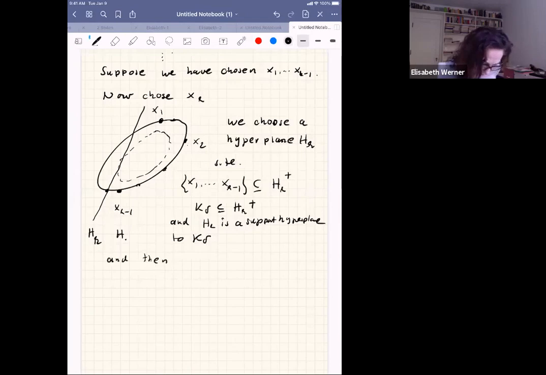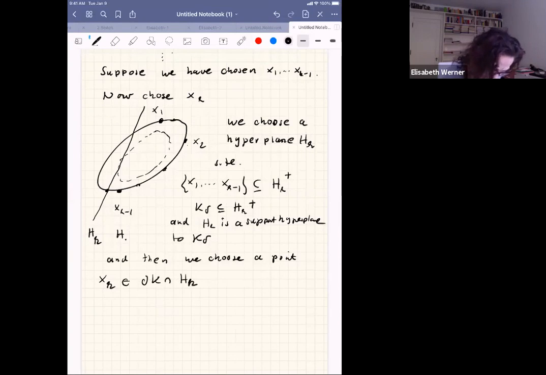So I have said everything that I needed to say. This is in here, this is in here, and then we choose a point. I should have said that also in the boundary of K intersected with Hk.